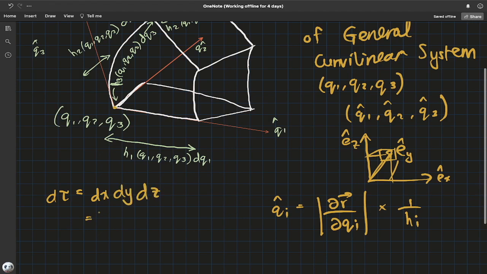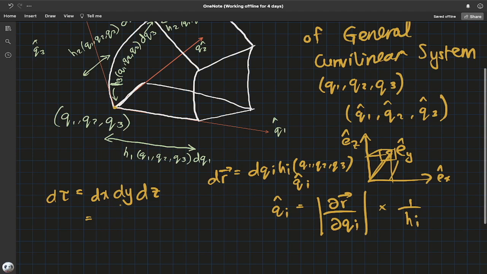But in this case, I proved in the last video that dr, your differential length element, is dqi hi evaluated at q1, q2, q3, times qi hat. Just taking the magnitude of this, you lose the qi hat and get all these dq's along with their scaling factors. So we can see there's a direct correlation between them.